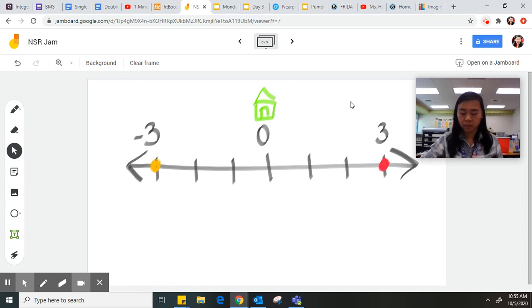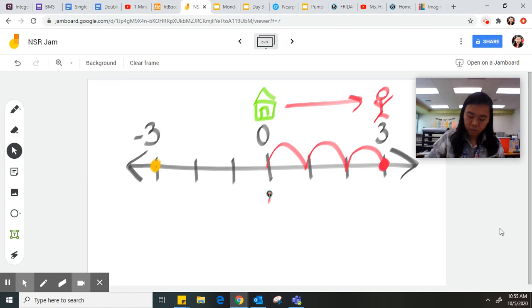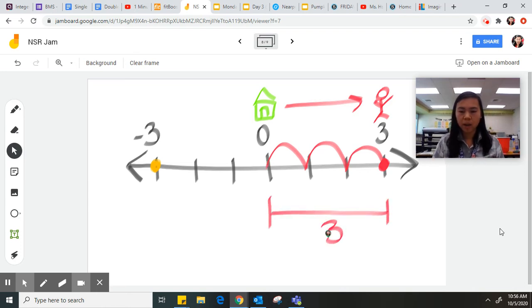So if we're looking at this positive 3, our red point, how far away is that 3 from 0? Well, 1, 2, 3. 3 is 3 steps away from 0. So the absolute value of 3 is still 3.